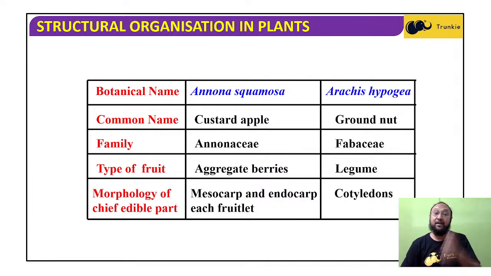The mesocarp and endocarp are the edible part of each fruitlet. Arachis hypogaea, this is groundnut, belongs to the family Fabaceae, a leguminous plant, and the type of fruit is legume. The cotyledon, the seed, is the edible part.